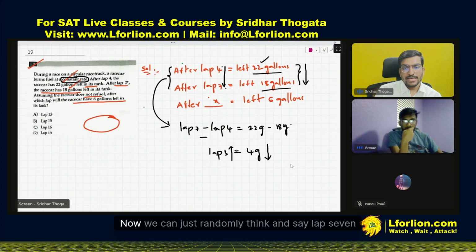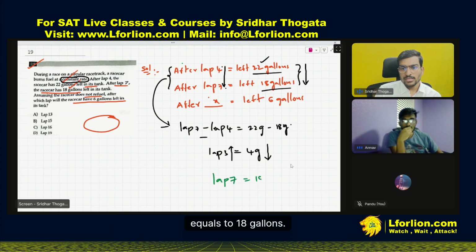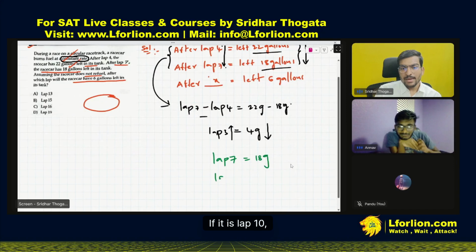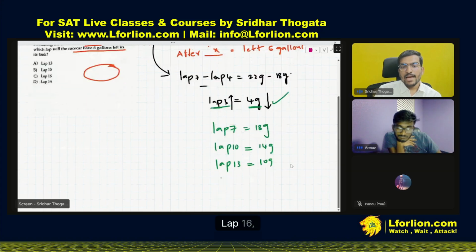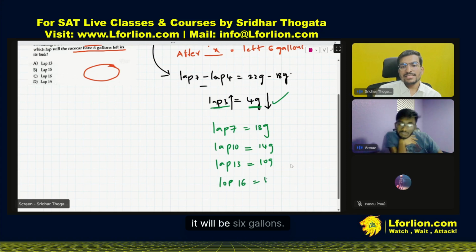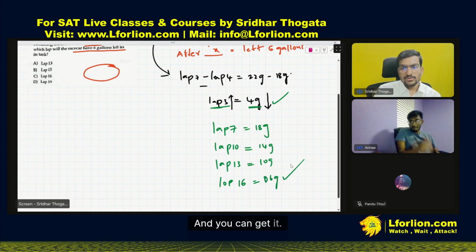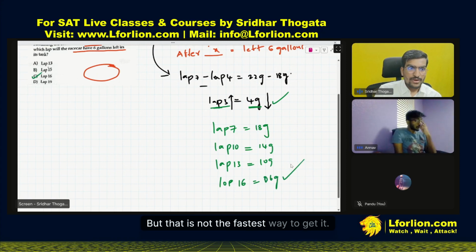We know the rate now. We can just say lap 7 equals 18 gallons. Lap 10, for every 3 laps 4 gallons decreasing: 14 gallons. Lap 13, it will be 10 gallons. Lap 16, it will be 6 gallons. You can get it by thinking, but that is not the fastest way.